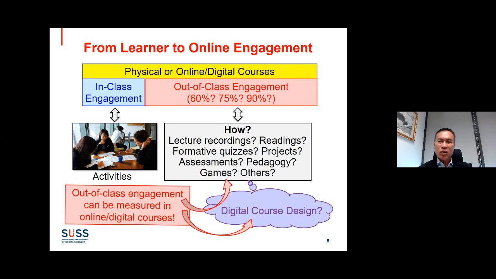you see in the gray box that there are instructional materials, there are activities, there are interactions that we can create in a course. And when we bundle the different ways we put all these elements together, we have a particular course design. So if we apply learning analytics to help us with digital course design, then we're talking about this.